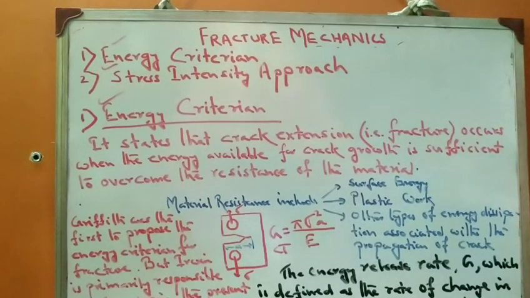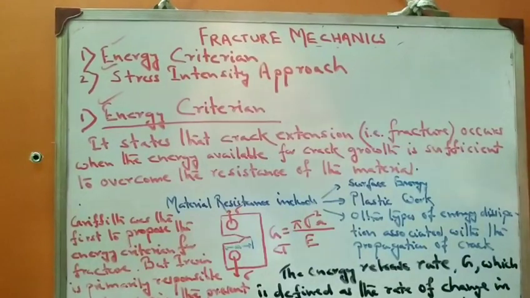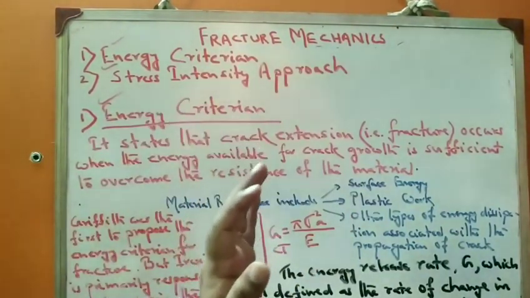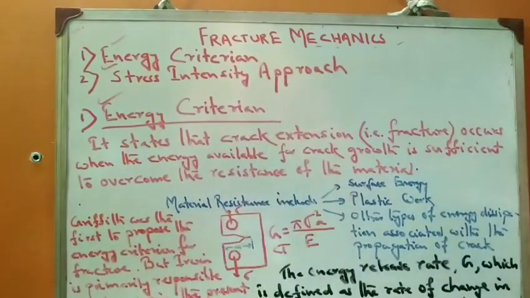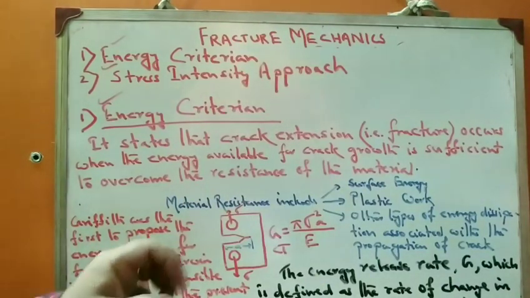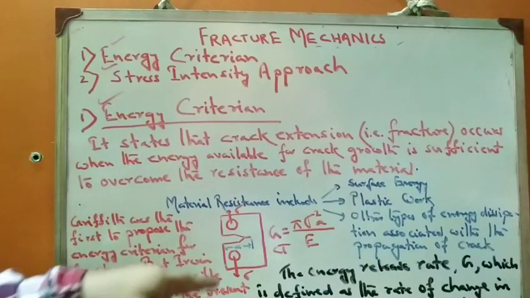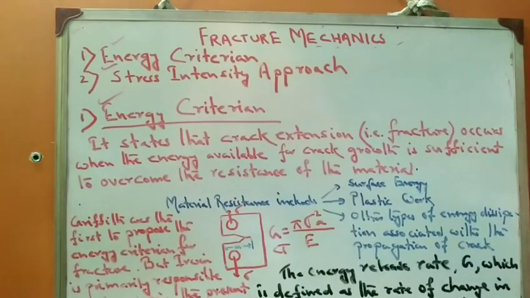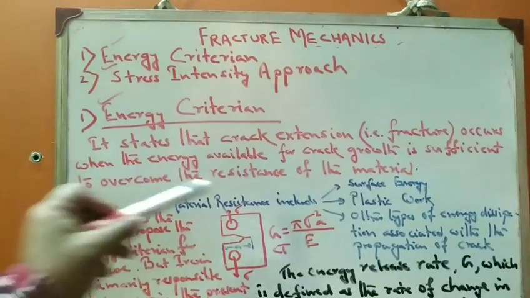You have to pump some energy into the system, which you provide through the remote stress sigma. That energy must be sufficient to overcome the resistance of the material. The material will oppose the growth of the crack, and only if the energy given to the system overcomes the resistance offered by the material does crack growth take place.